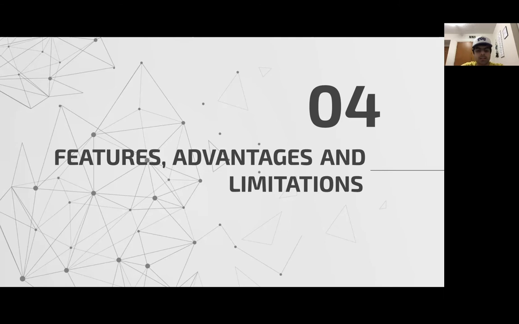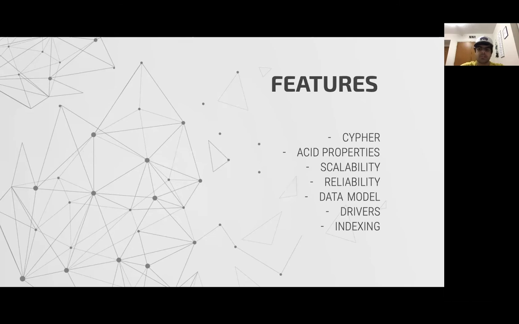The data model for graph databases is simpler compared to other databases, and they can be used with OLTP systems. They provide features like transactional integrity and operational availability. And now let's talk about the features.